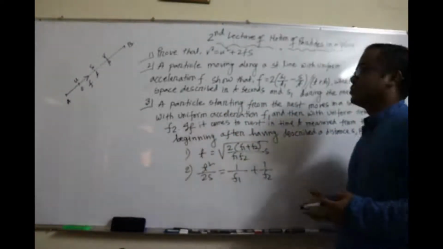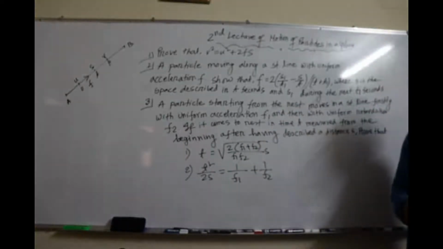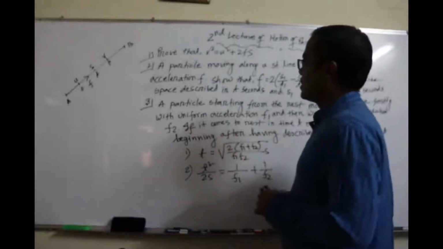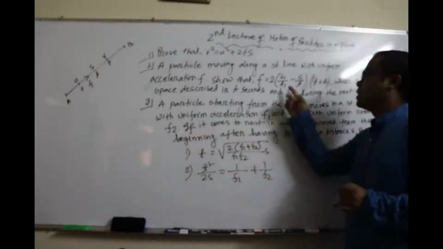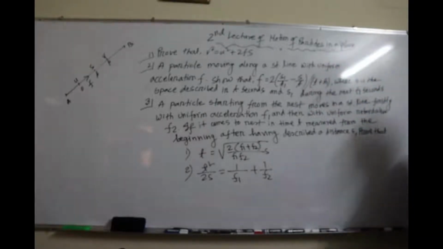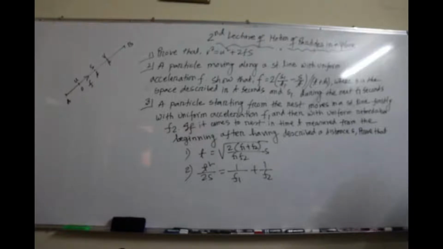And it requires a velocity v at B, and it covers a distance s1 in time t1, and distance s in time t. Have you finished your writing? Okay. So question number one is easy for you or not?